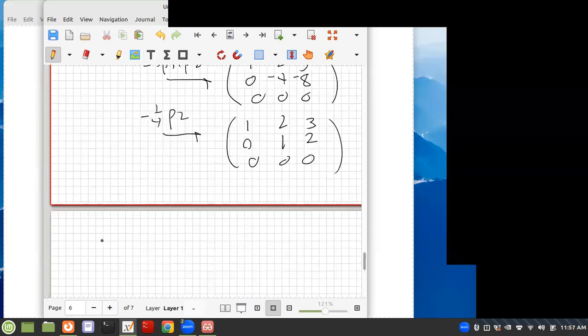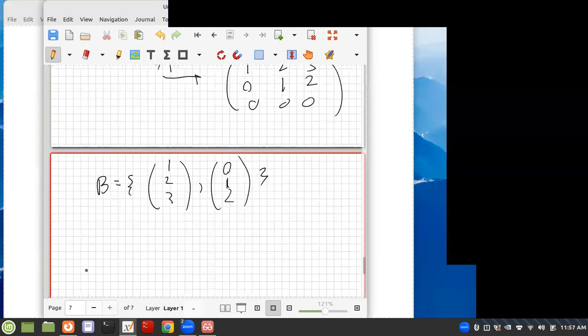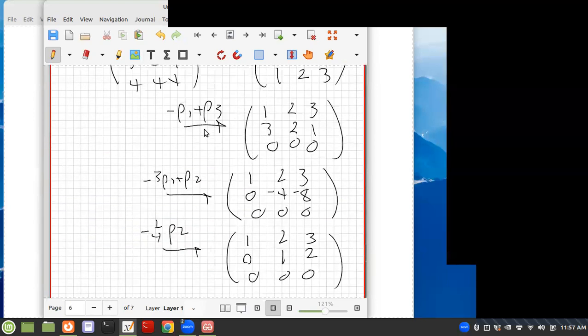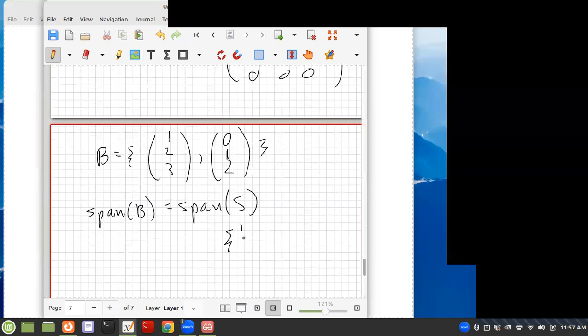So if I go back and choose the set B equals 1, 2, 3, 0, 1, 2, the claim is that the span of B equals the span of S, which are these vectors up here, where S is the set 1, 2, 3, 3, 2, 1, 4, 4, 4, and B is right here. So the claim is these span the same space.